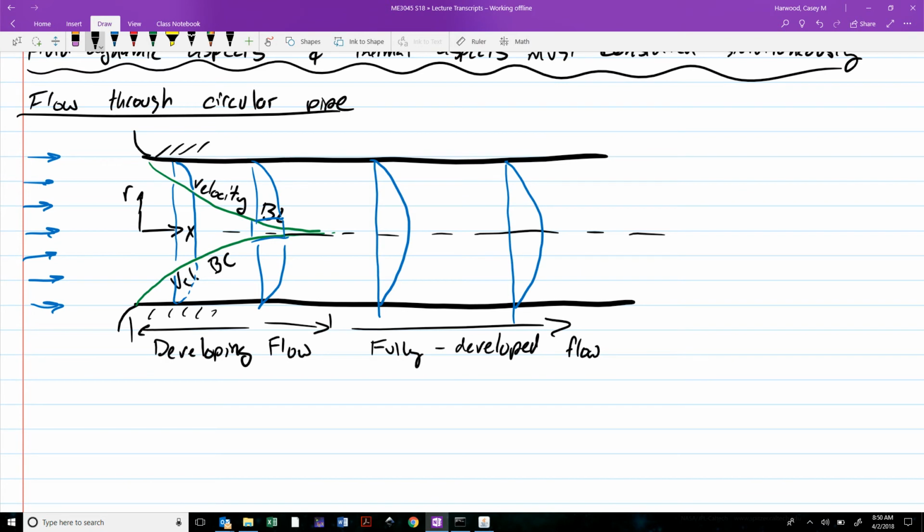The other name we give to this region of developing flow is the hydrodynamic entrance region. And we define the point at which this fully developed flow occurs as, we'll go ahead and use the book's nomenclature here, x_fd,h for the fully developed flow in a hydrodynamic sense.